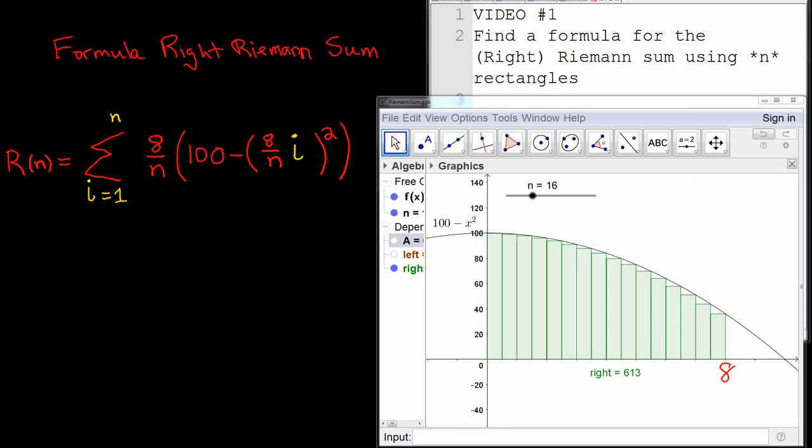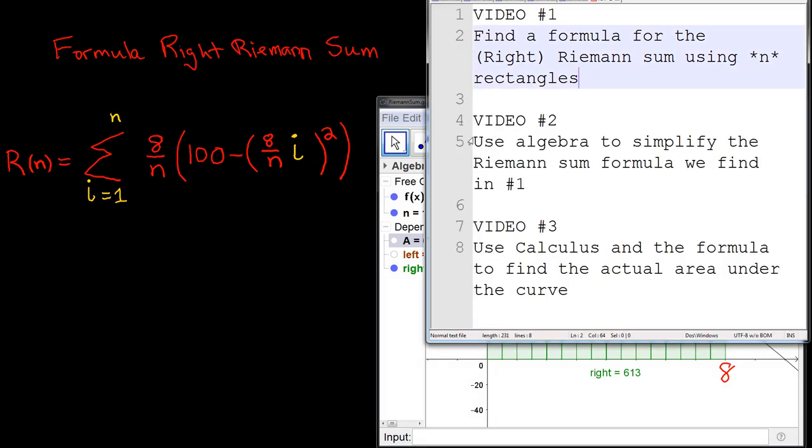Now what we're going to do in video 2 is use algebra to simplify this formula so that we don't have the summation anymore. The summation is nice, but what it's doing is hiding potentially thousands of additions.